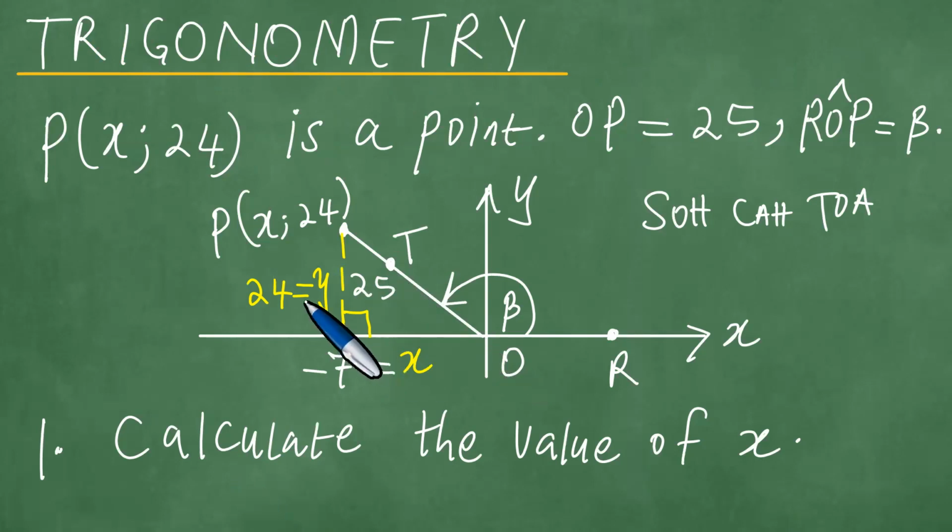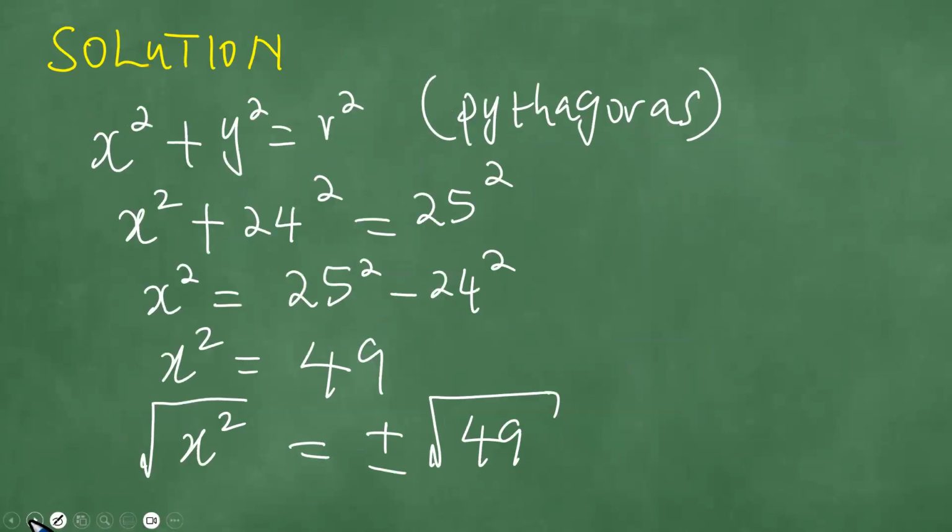But the sine of beta is actually the same also at this point here. The sine is opposite over hypotenuse, so it is 24 out of 25. Even here, it's going to be exactly y at T over 15. Note that.